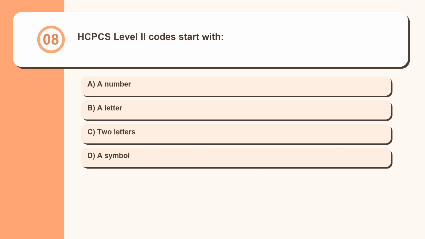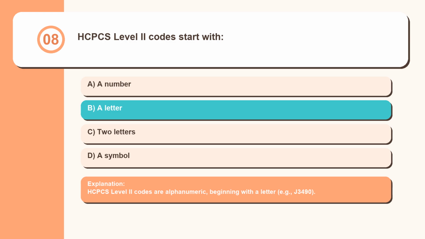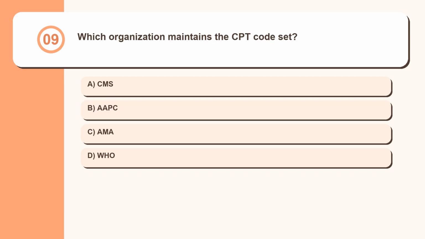Question 8. HCPCS Level 2 codes start with a number, a letter, 2 letters, a symbol. HCPCS Level 2 codes are alphanumeric, beginning with a letter, for example J3490. Question 9. Which organization maintains the CPT code set? CMS, AAPC, AMA.